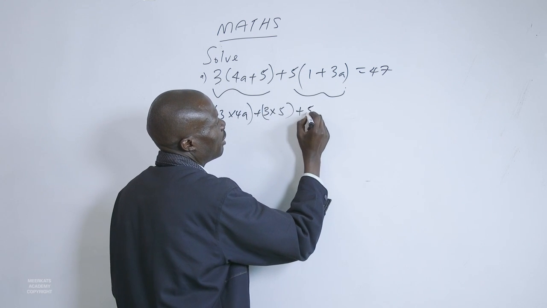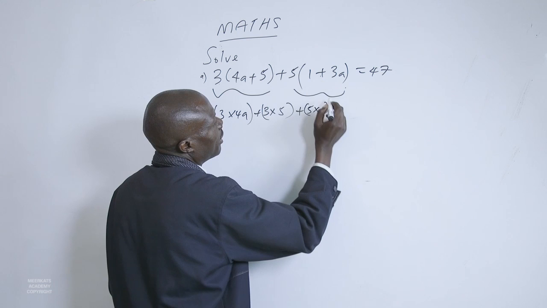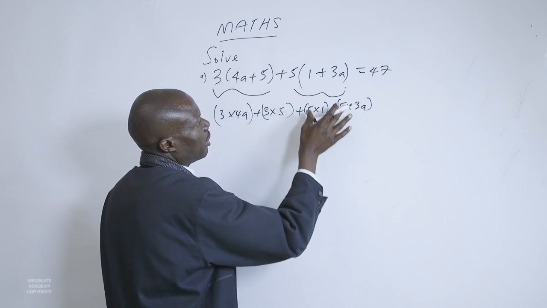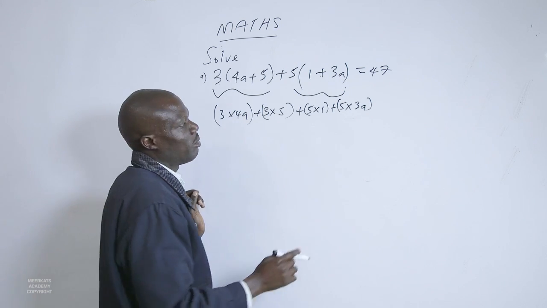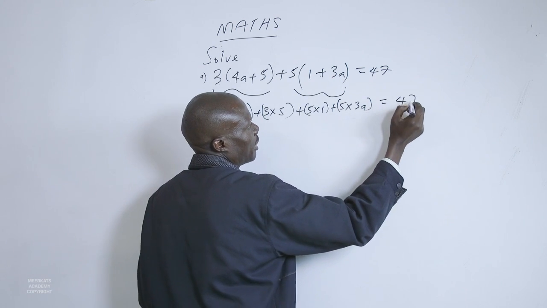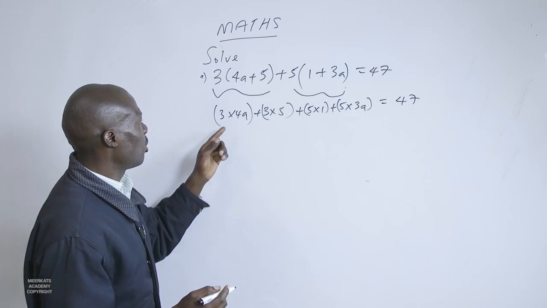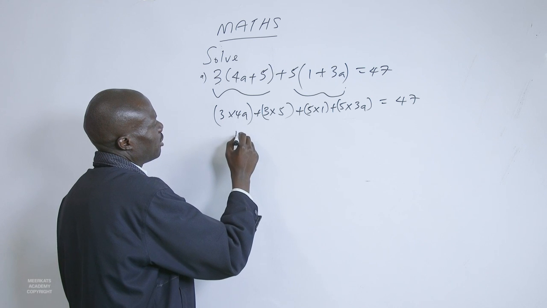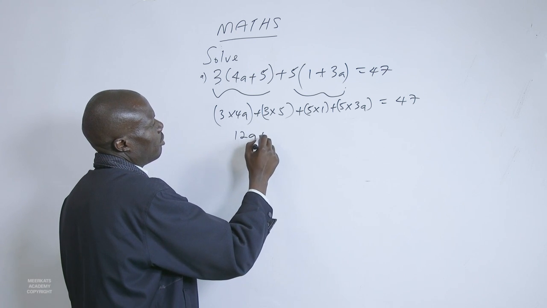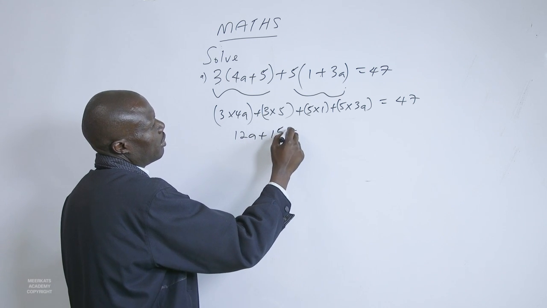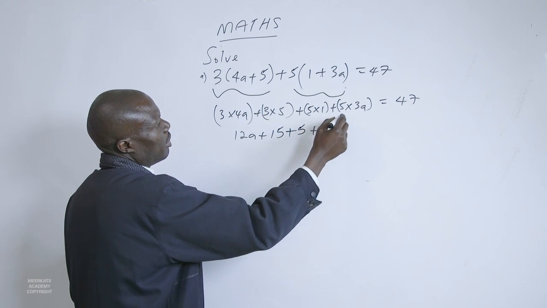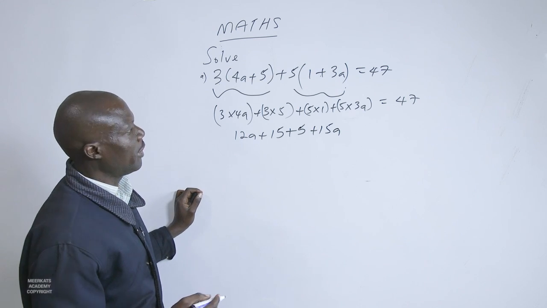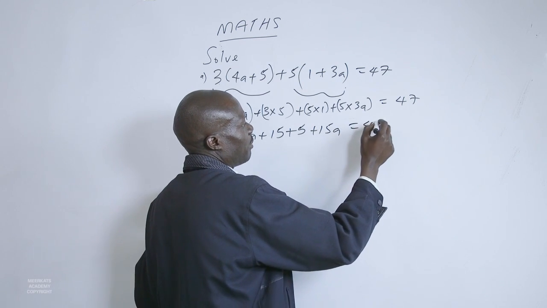So 5 times 1, and then the sign is plus 5 times 3a. So looking at that, 3 times 4a gives us 12a plus 15 plus 5 plus 15a, that is 5 times 3a. This is equals to 47.